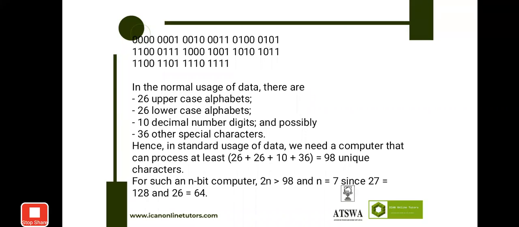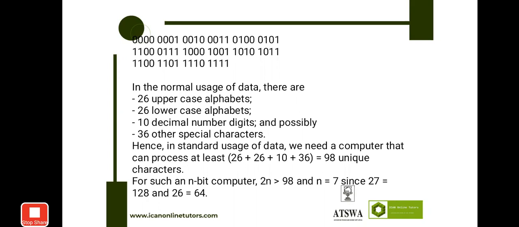In the normal usage of data, there are 26 uppercase alphabets, that is capital letters. We have 26 lowercase letters, known as small letters. We have 10 decimal number digits, that is 0 to 9. We have 36 other special characters.